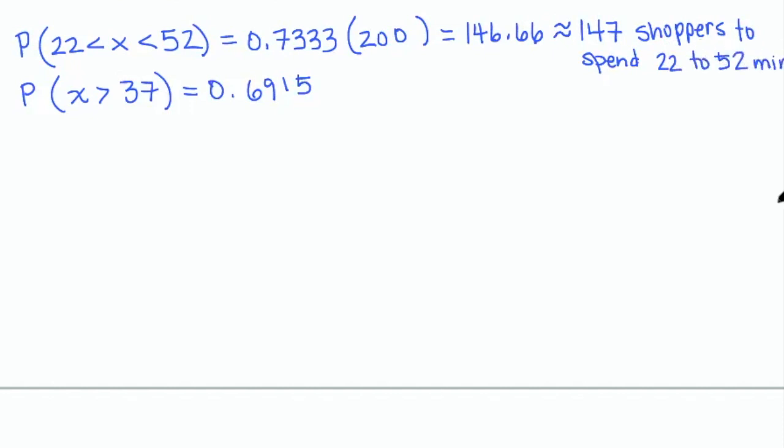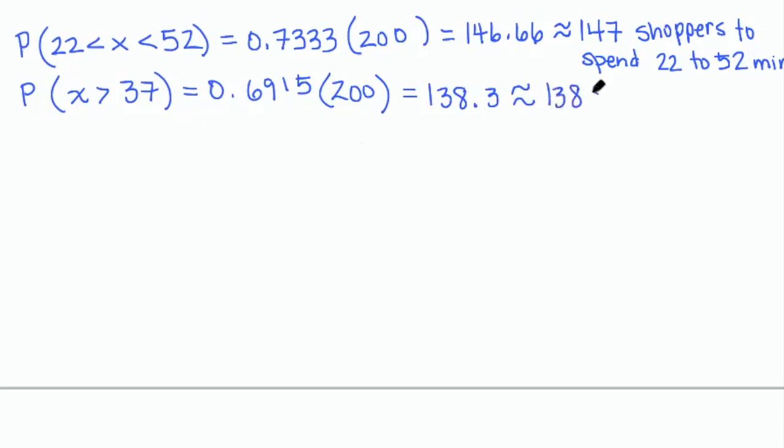And you can see how that would be useful information. Same thing for determining how many of the 200 are likely to be in the store for more than 37 minutes. Once you know the probability, just multiply that by 200. You're going to get 138.3, which we're going to round to the nearest shopper.